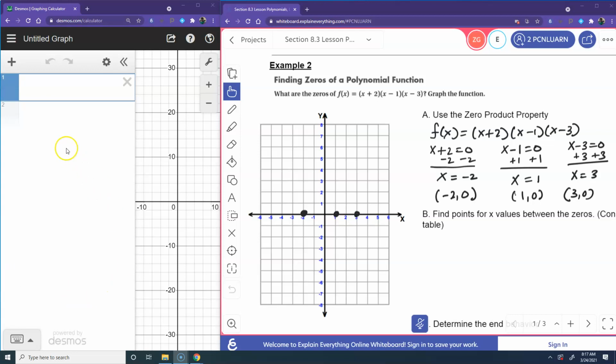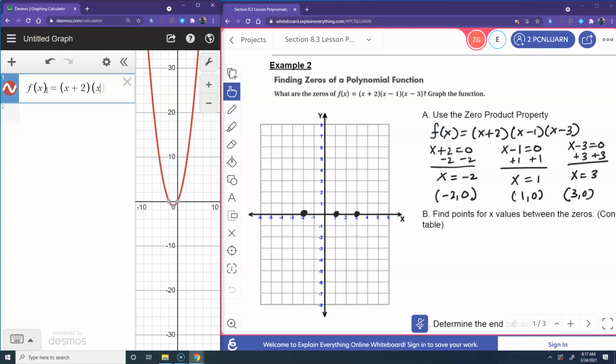So you're going to go to Desmos, as I've done here. And you're going to type in the function. You have x plus 2, x minus 1, and then you have x minus 3.